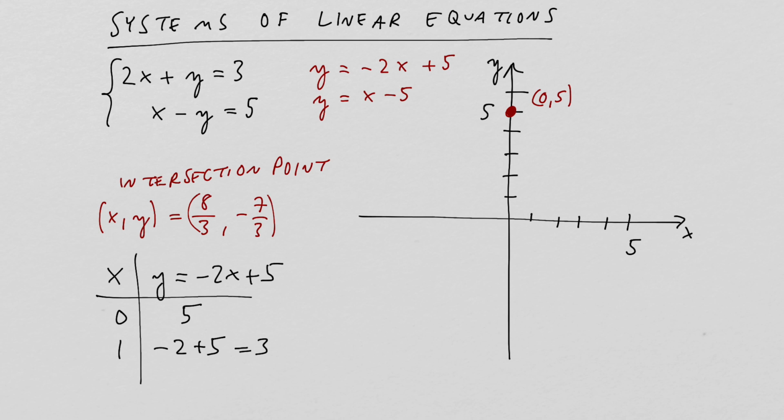So we can put the point 1, 3 into our picture. And we can draw the first line through these points. Somehow like this it goes.